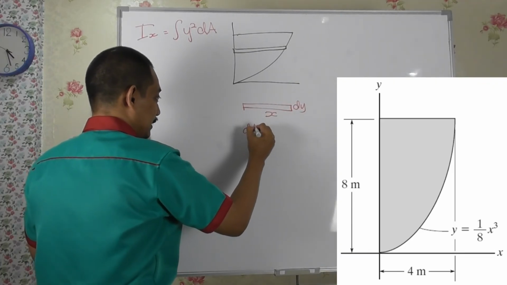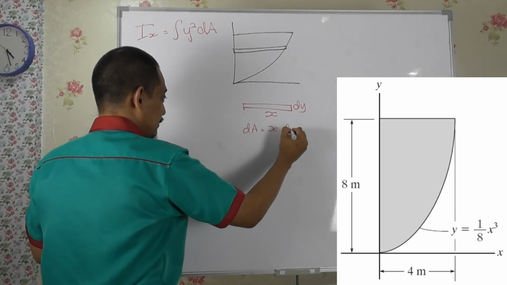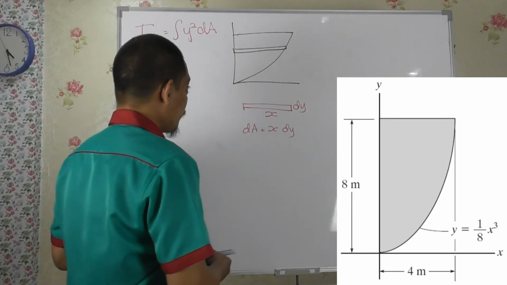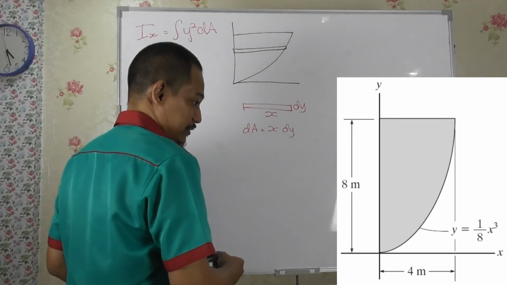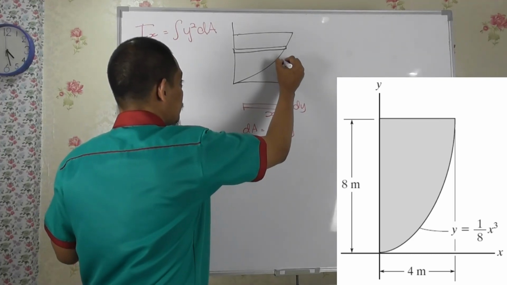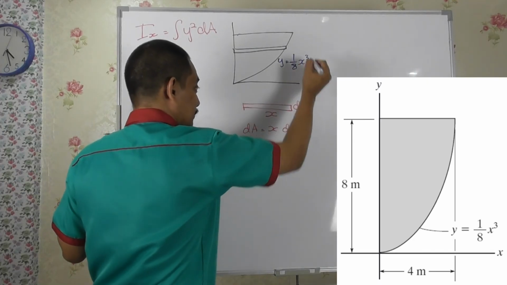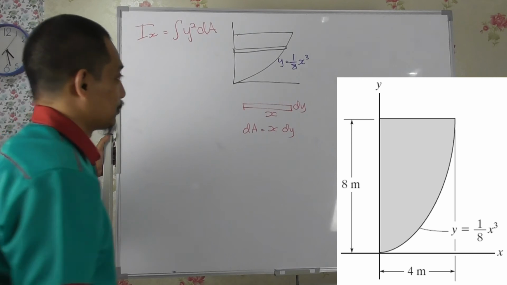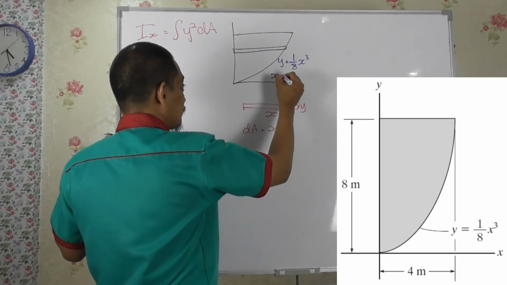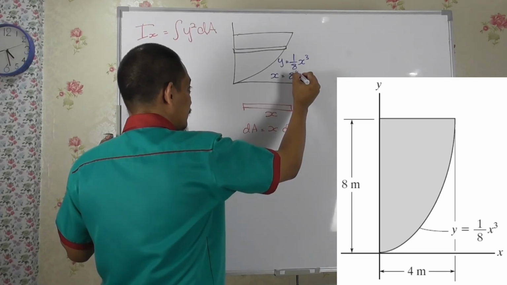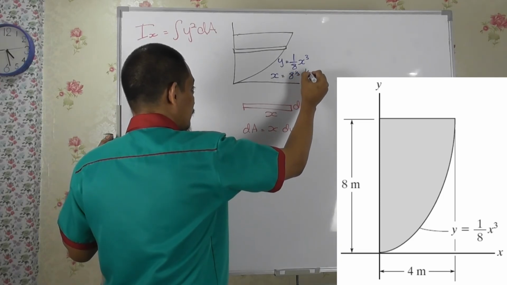So dA will be x dy, and from the equation, y equals 1 over 8 x cubed, meaning x is 8 to the power of 1 over 3, y to the power of 1 over 3.